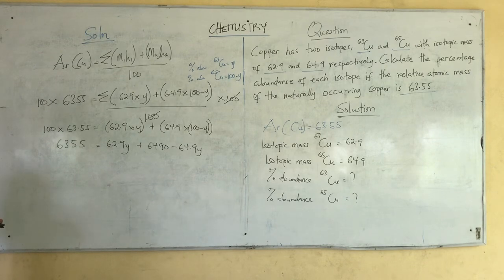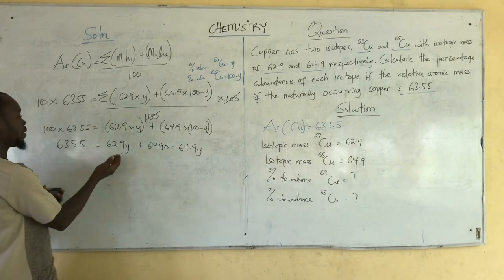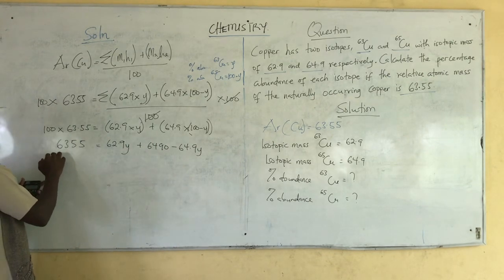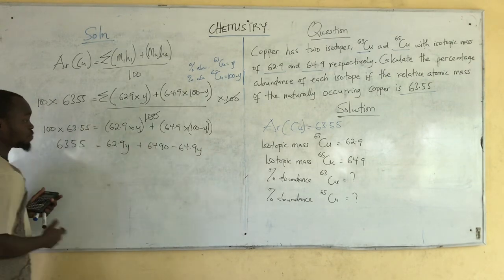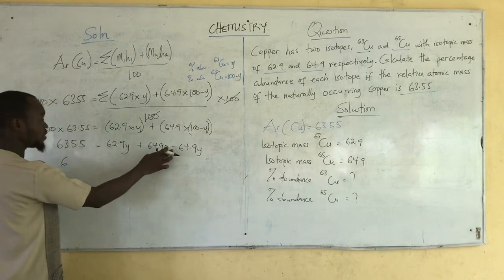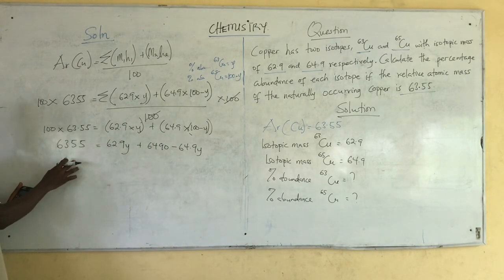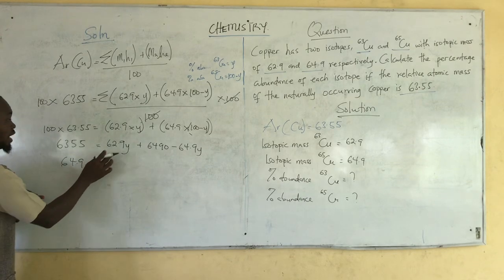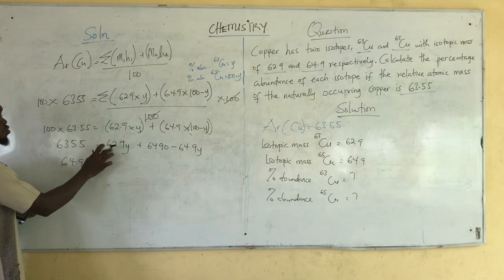So once we get here, we group like things. Is that okay? So we can bring all the variables with Y to one side of the equation, and then those without any variable to the other side of the equation. So once you bring them, it was negative here, so once it crosses, it becomes a positive. So you're going to get 64.9Y, and then we have positive 62.9Y.